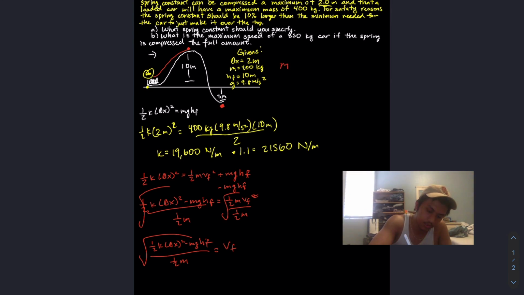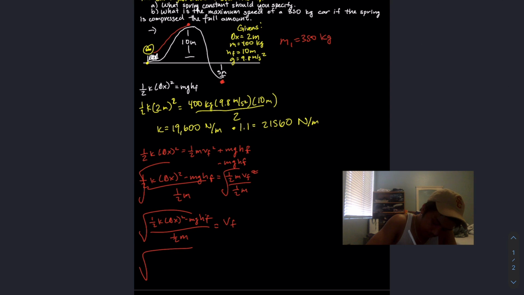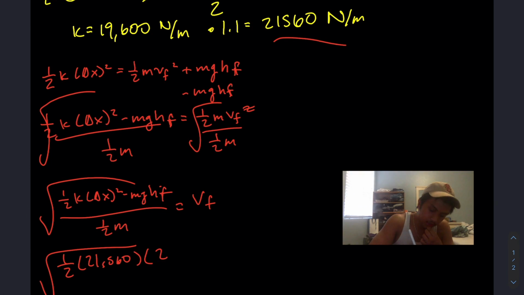So mass is 350 kilograms. You'll have the square root of 1/2 times your k, which is up here, 21,560, times delta x, which is 2 meters squared, minus 350 times gravity times your height final, which is 10.